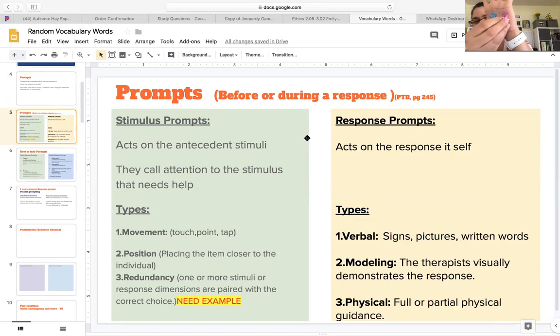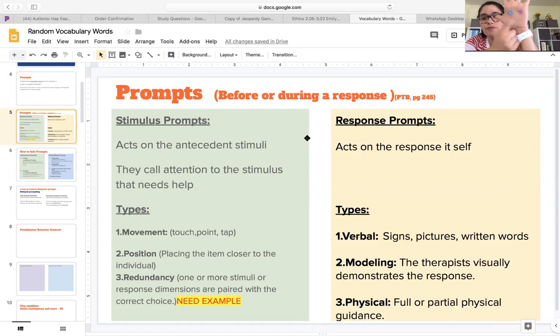So redundancy is the same color. Where I read it, they also had, for example, the same outline, the same shape, or a sticker in the corner where they can match, that type of thing. So we're still in a stimulus prompt.